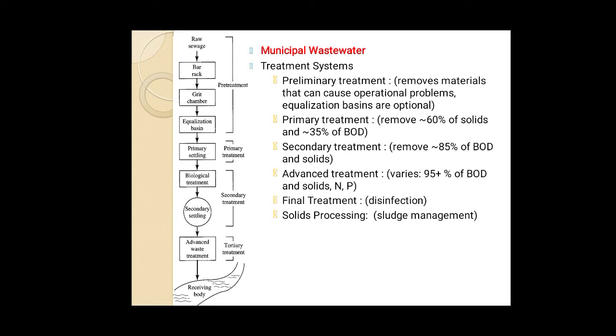Then advanced treatment is done on that sewage water, where 90% of BOD and solids, then nitrogen and phosphorus get removed. And finally this water is treated in the disinfection stage, and again passes through advanced wastewater treatment, and after that the water is allowed to be disposed into a stream.